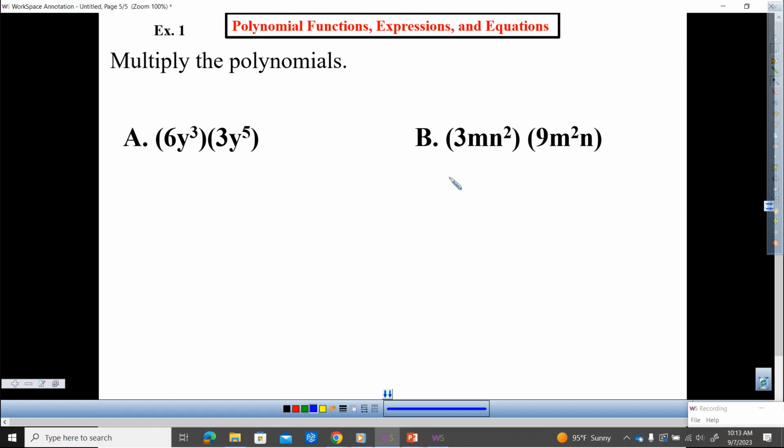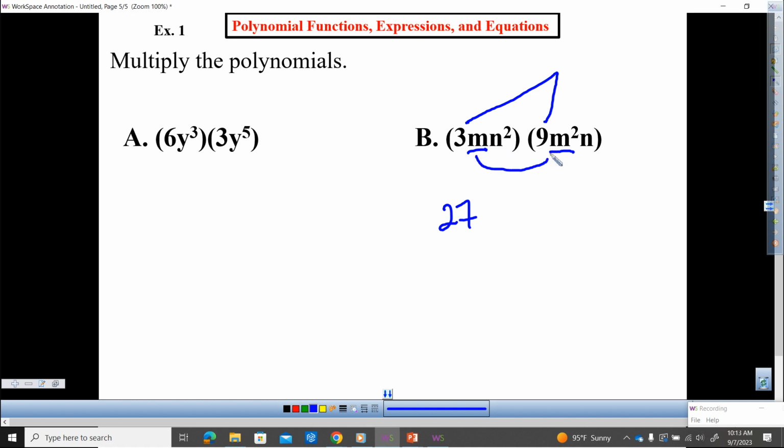I want to do part B. Stop writing, focus. Number times number. What is 3 times 9? 27. Okay, we got that. Next, m times m squared. Are they the same kind of variable? Yes. Now, we're not combining, so they don't have to have the exact same exponent. When we're multiplying, as long as it's the same variable.